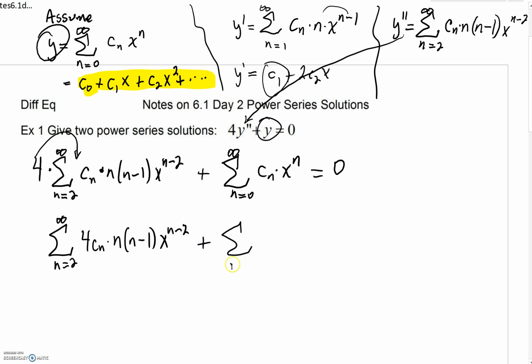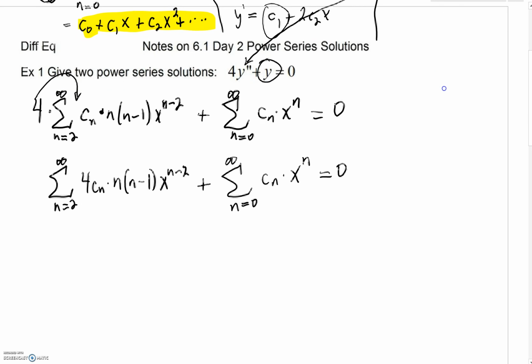But here's where we're going to notice things aren't quite the way we like to see it. You're going to notice quickly now that as you're looking at your counters, one of them is at a 2, the other one is at a 0. And perhaps even more troubling, and this might be the most troubling issue, paying attention to these powers of x, they're different.